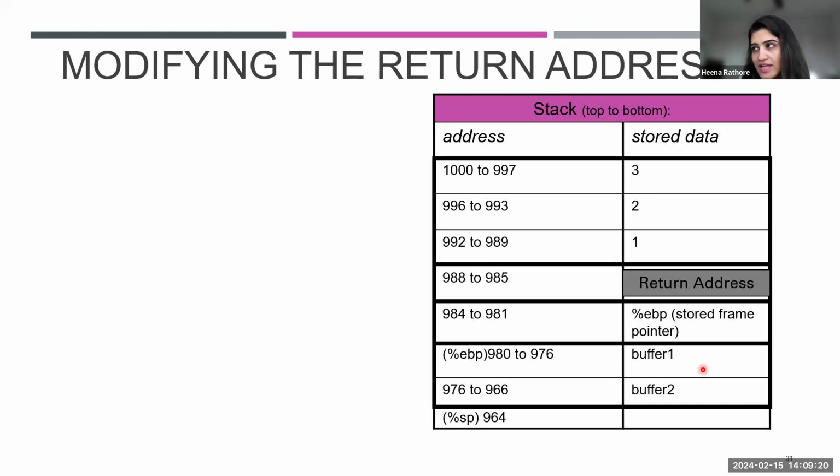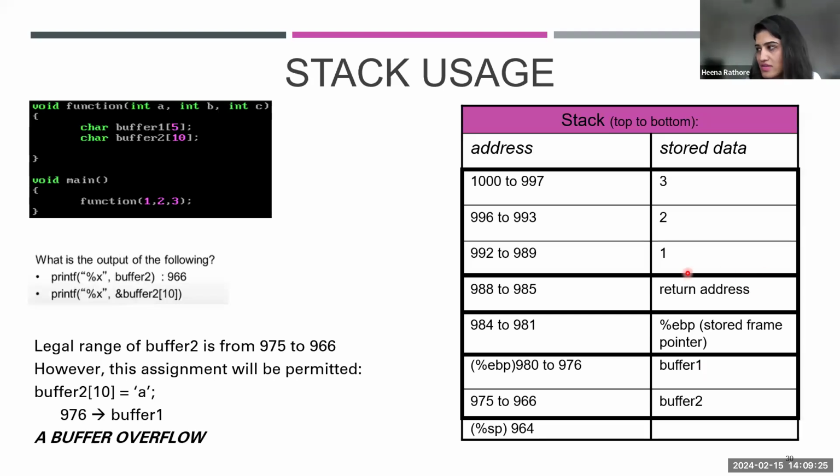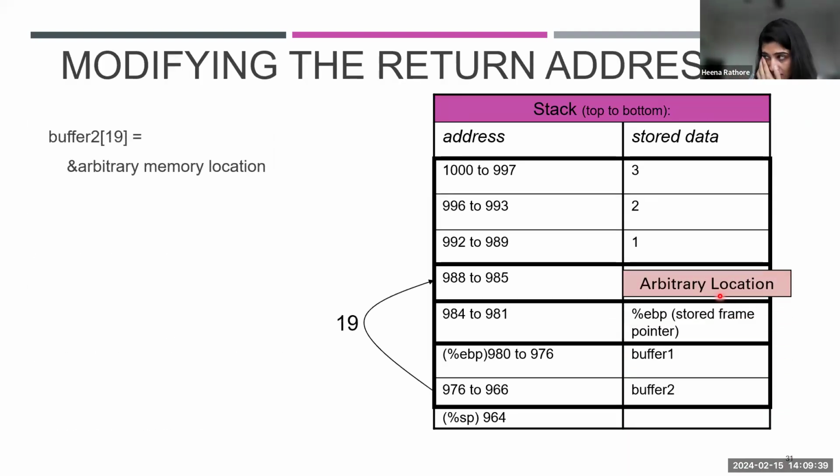If an attacker comes into the picture, what an attacker can do is, instead of going to this return address, which is specified over here, let's suppose you process this function and you store these values, but instead of going to this return address, an attacker can change it to some arbitrary location. So if I want to access a specific location, I can use buffer 2 at index 19, which is 966 plus 19, and that will lead me to the return address position, where it is expecting a return address.